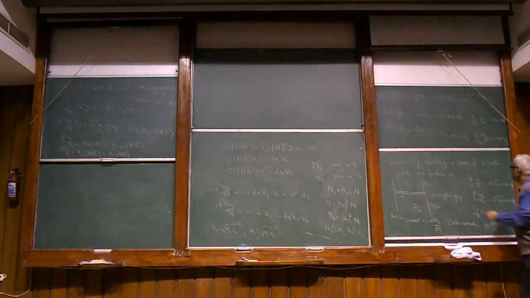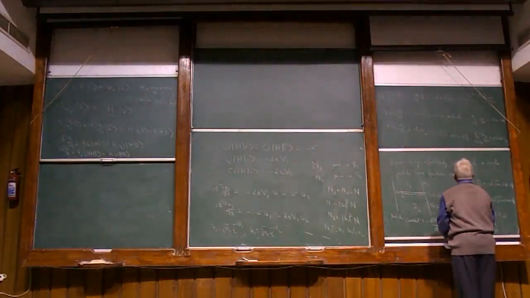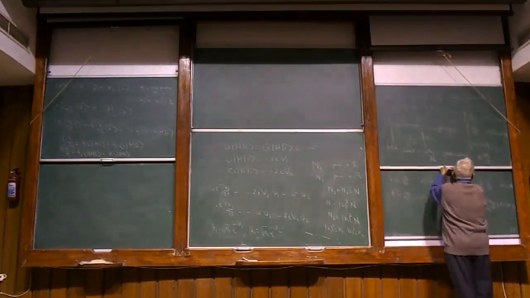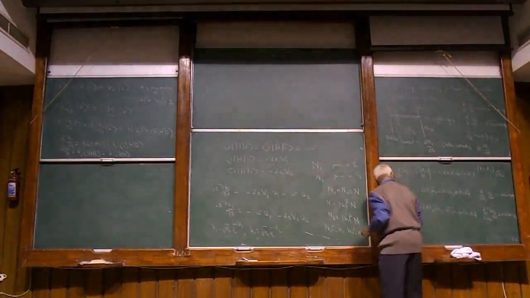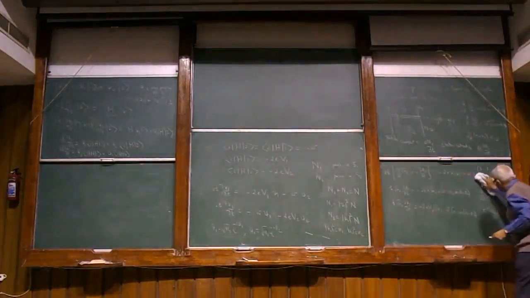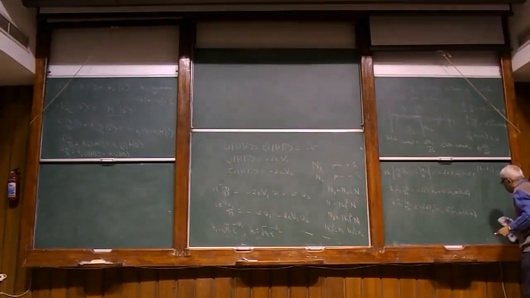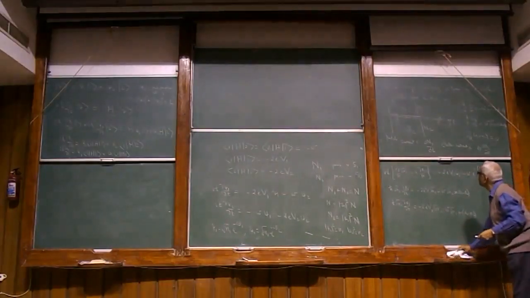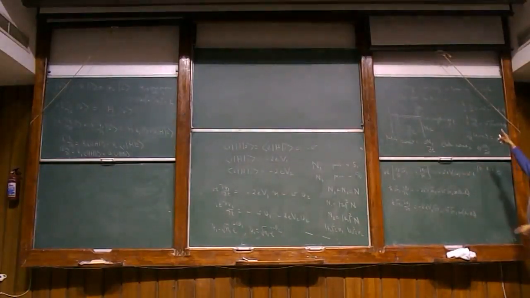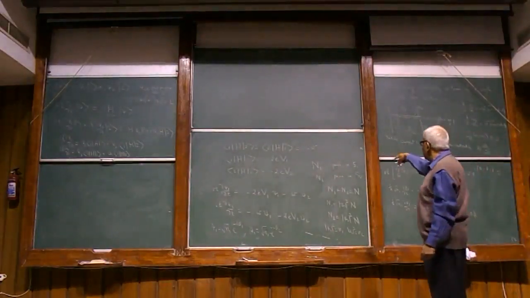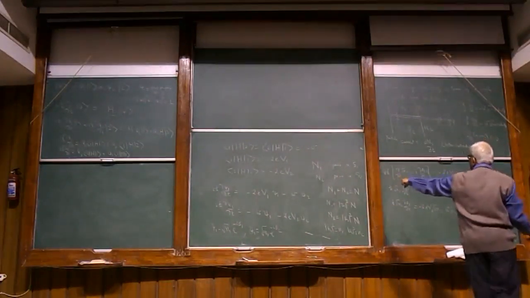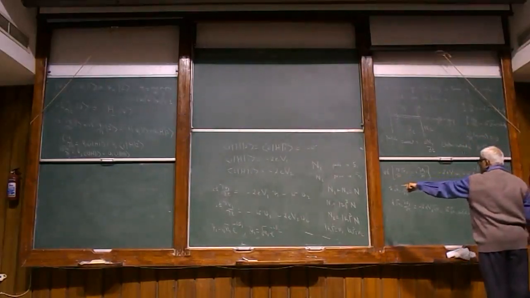N1. So the first small n1 is capital N1 divided by total N, which is a constant.